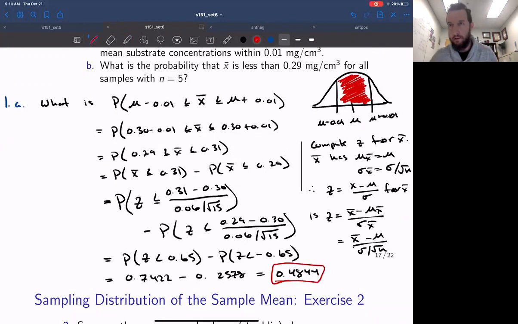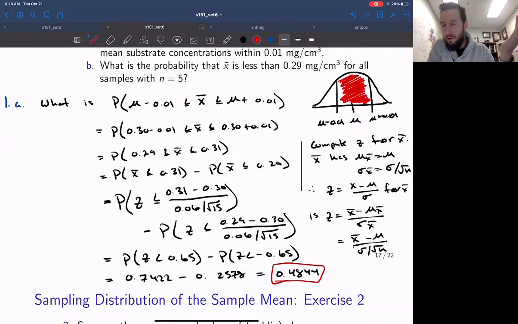So that's actually just a standard probability problem that we had seen in lecture set 5, and the only difference is how we standardize. So when we want to standardize X bar, we subtract the mean and divide by sigma over the square root of n. The only thing that we have to know in order to do this is that the sampling distribution is normal.